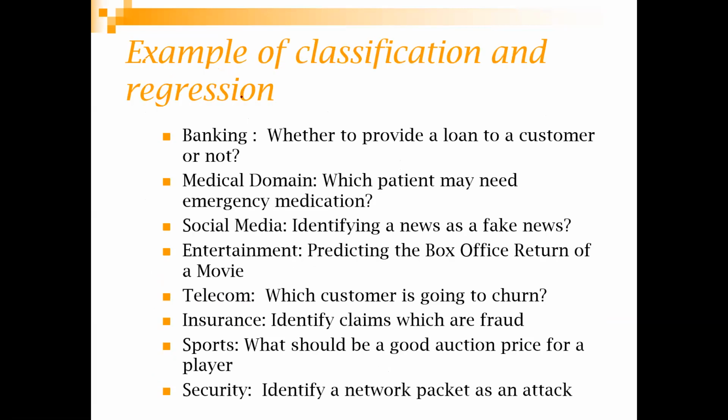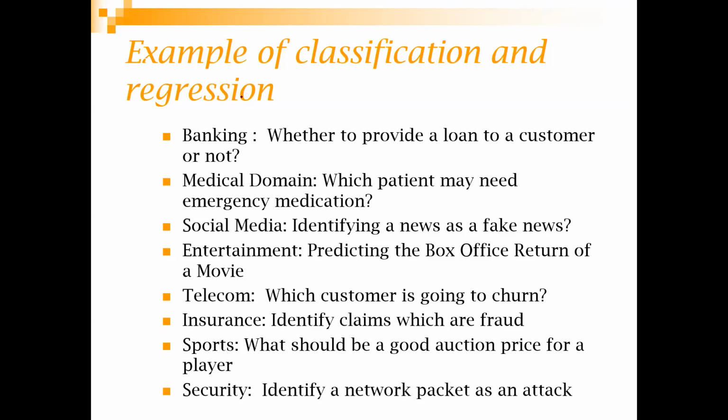So now let's look at some examples. One example is in the banking sector, whether to provide a loan to a customer or not. You have data about different customers, and you know which customers are good for a loan. The meaning of good for a loan is that they will pay back in time. So you look at the past history of the customers: their educational background, the job they are doing, their family size, whether they have any other loans.